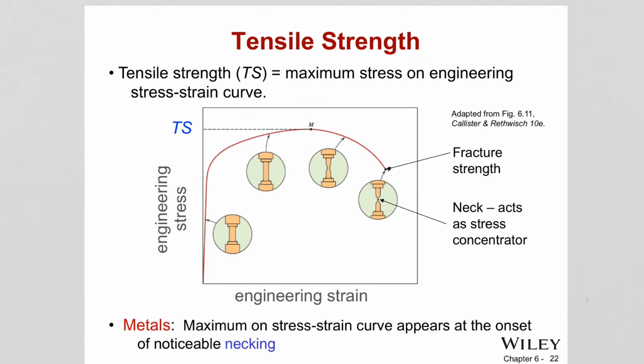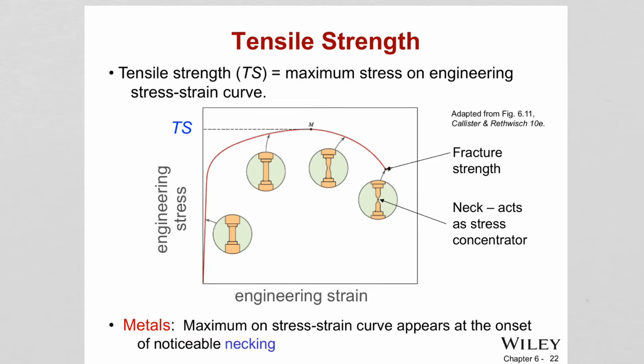So we learned about yield strength, right? It was the transition from elastic to plastic deformation. And now we're going to learn about tensile strength, sometimes called ultimate tensile strength.